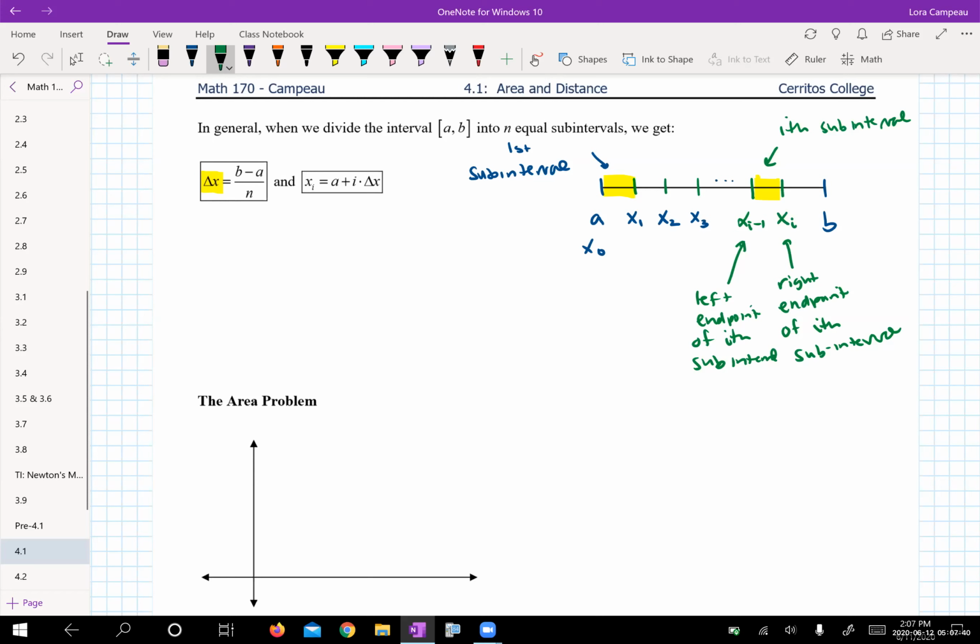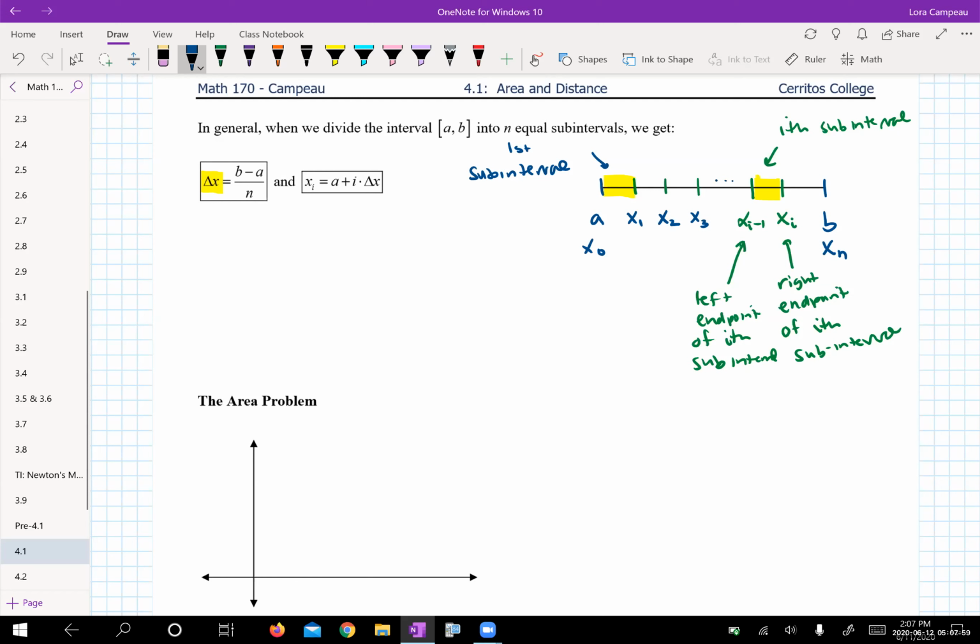Not to be confused with the endpoints of the interval you were trying to break up. So remember, a is the leftmost point in your actual interval, also known as x of 0, and b is the rightmost point, also known as x of n.